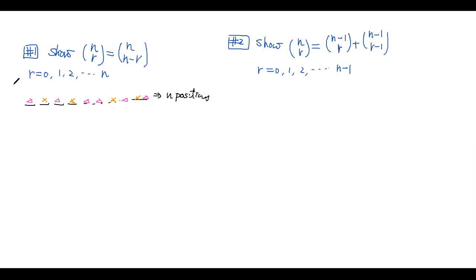So n is equal to 6, and getting 2 heads is 6 choose 2. Getting 2 heads is the same as getting 4 tails, right? That's why 6 choose 2 is equal to 6 choose 4. So intuitively, this equation is true. So how do I prove it?